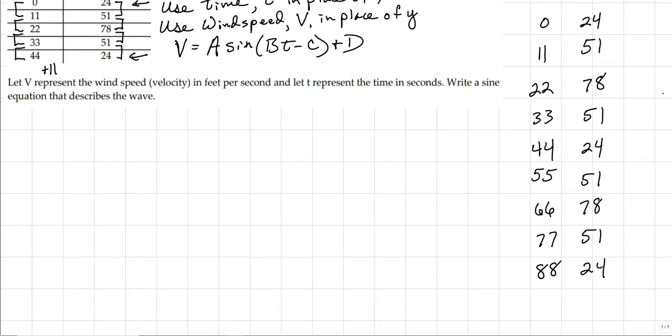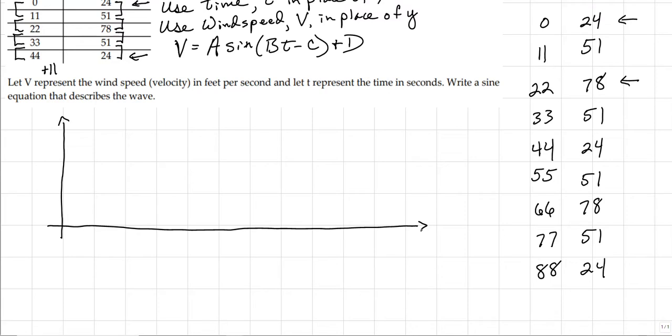And on our vertical axis, V, you'll notice that the minimum value is 24 and the maximum value is 78. So I don't need to start at 0 on my scale, neither do I have to go beyond 78. So when I rough in this graph, I'm going to do it like so.